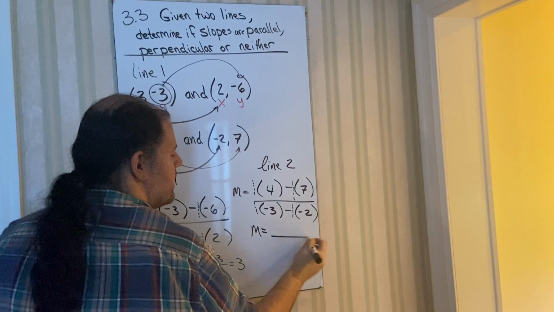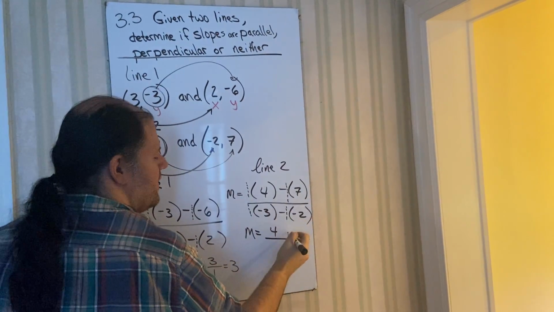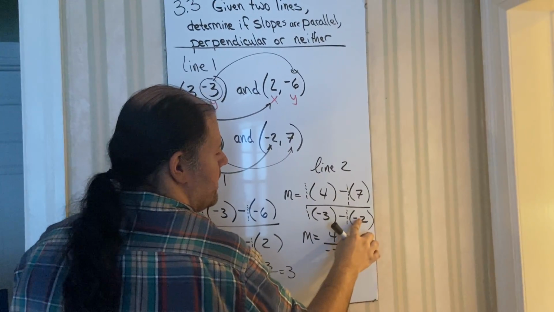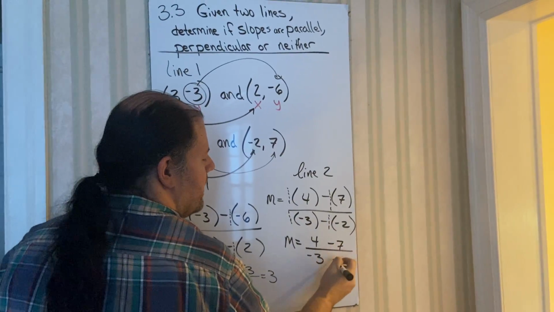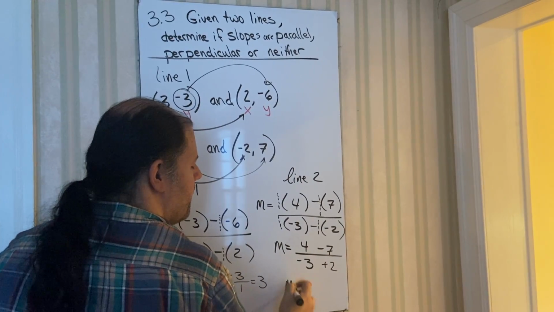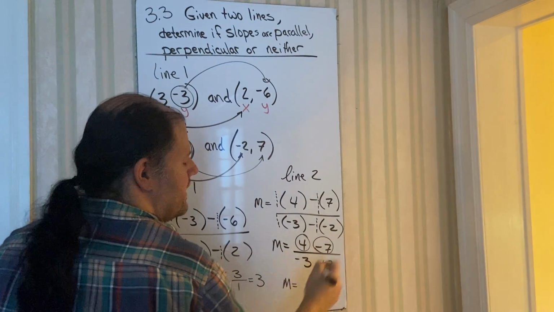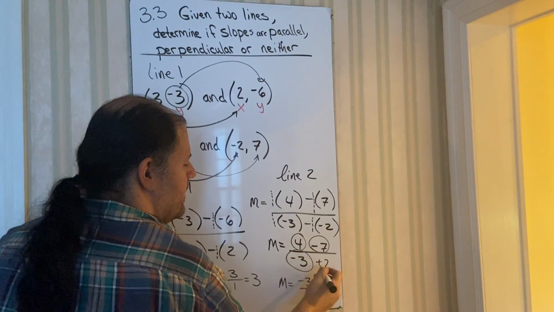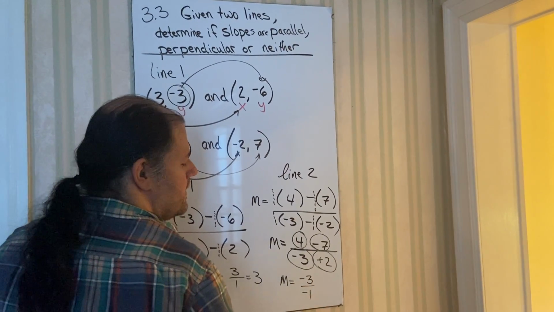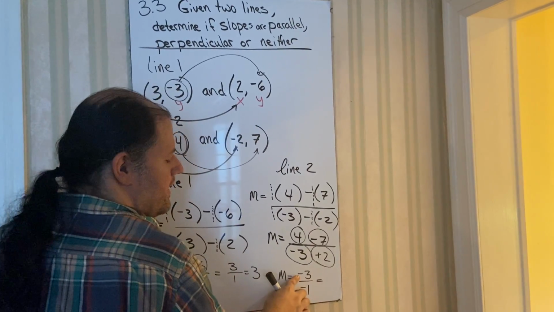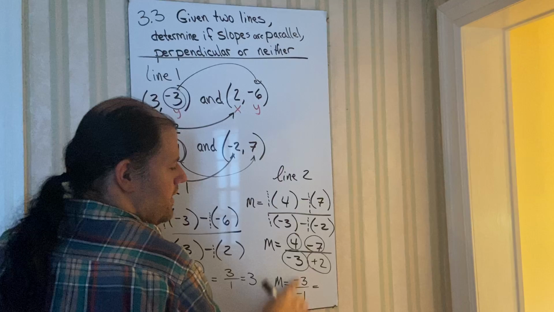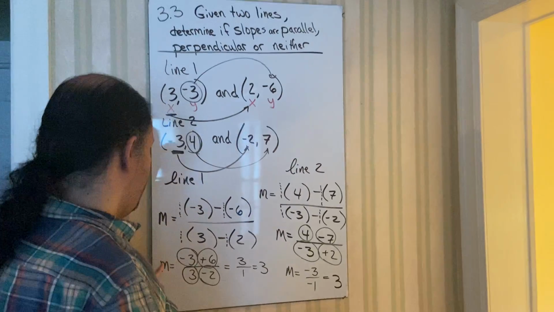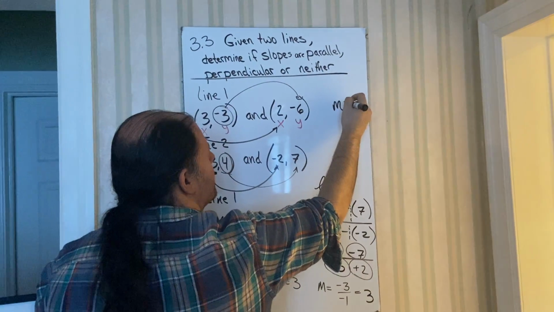So 1 times 4, -1 times 7, that's how we get a -7. 1 times -3, negative 1 times negative 2, remember? Positive 2. So 4 and a negative 7, you're going to get a negative 3. Negative 3 and a positive 2 is a negative 1. You know that a negative 3 divided by a negative 1, you can simplify by dividing out, and you get a positive 3.